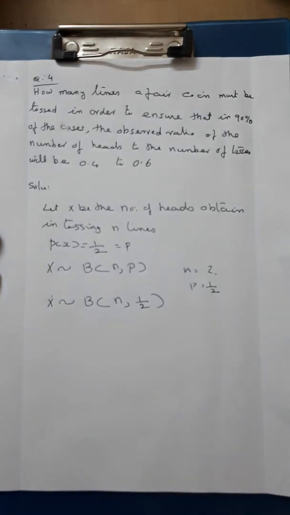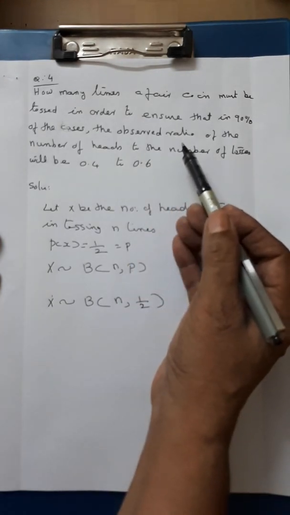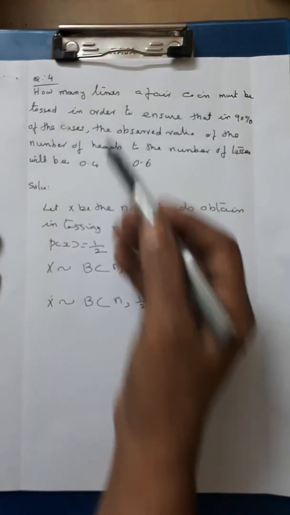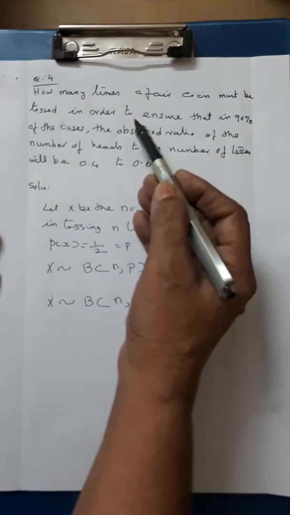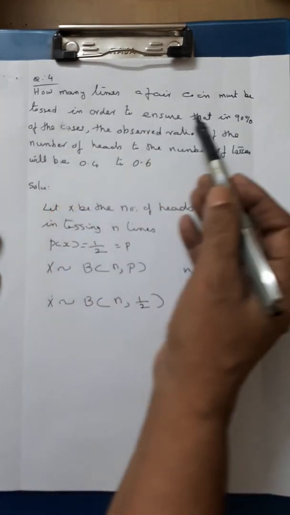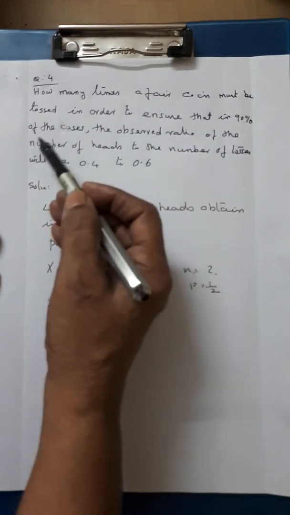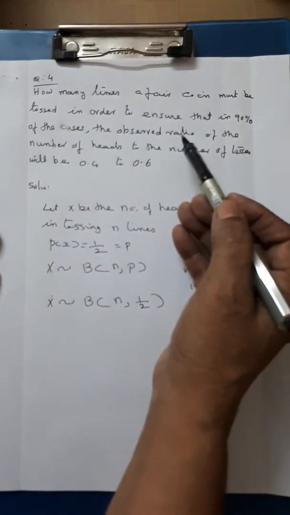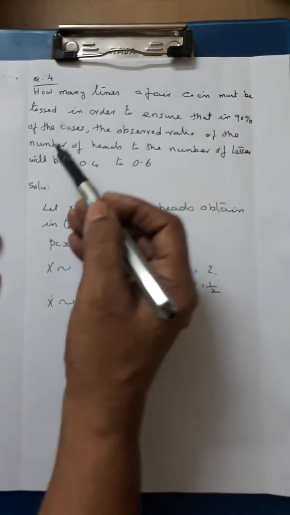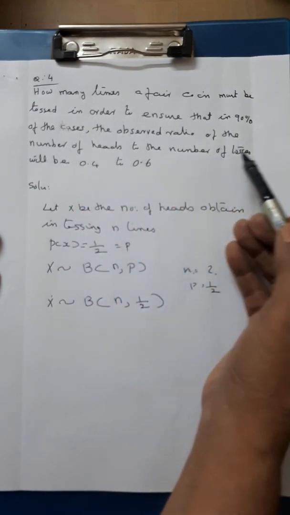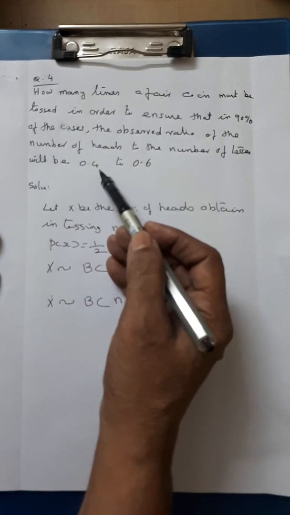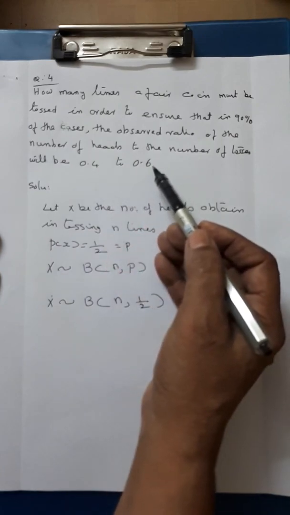Now let us come to our question. We want to find n to satisfy some condition. What is that condition? Ensure that in 90% of the cases, the observed ratio of the number of heads to the number of tosses will be 0.4 to 0.6.